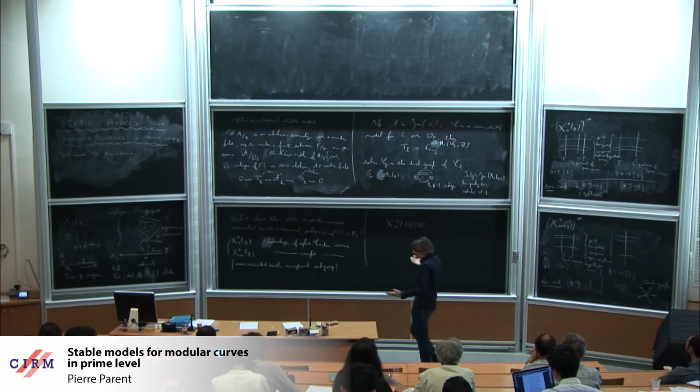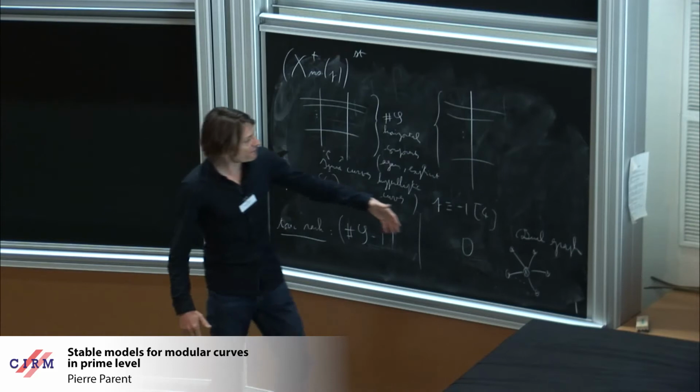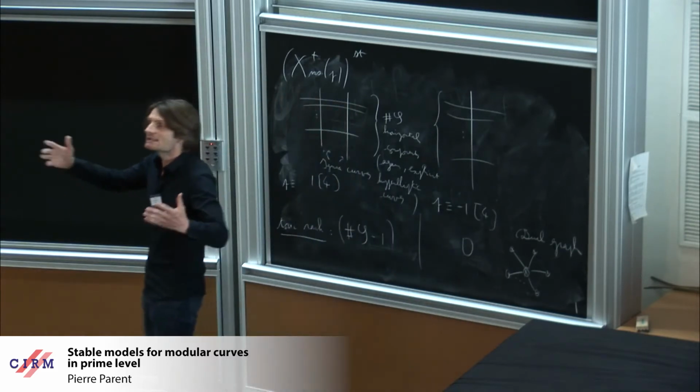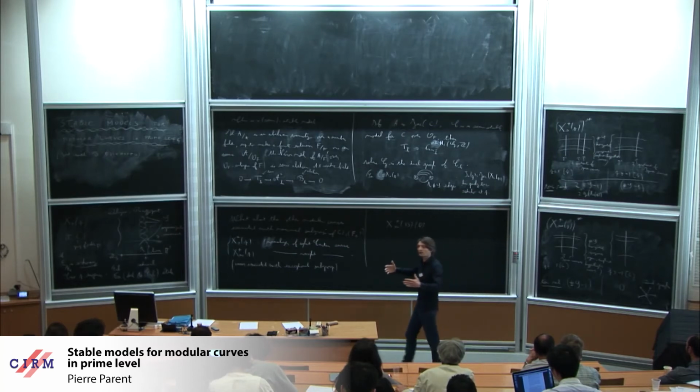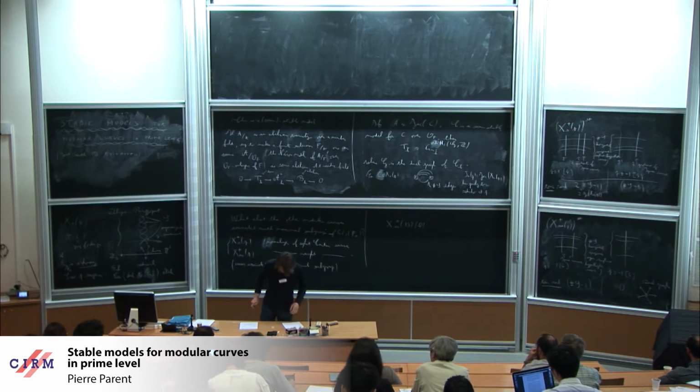So in some sense, the Jacobian has good reduction as an abelian variety, but has bad reduction as a polarized abelian variety, because the theta divisor of this Jacobian is irreducible except in the bad fibers, where it breaks down into a certain number of irreducible components. So, okay, those objects exist, and this is an example of such guys.